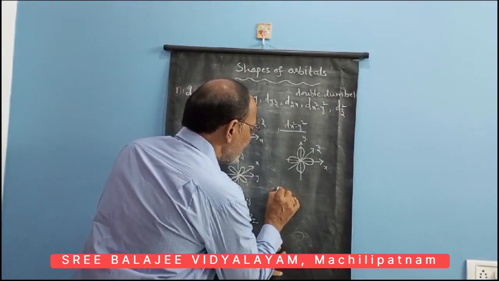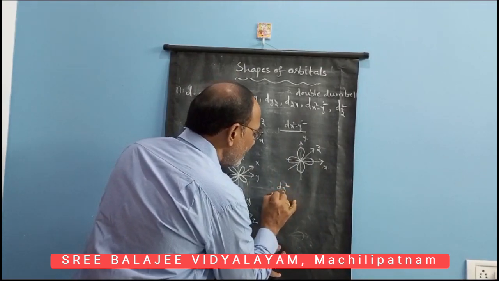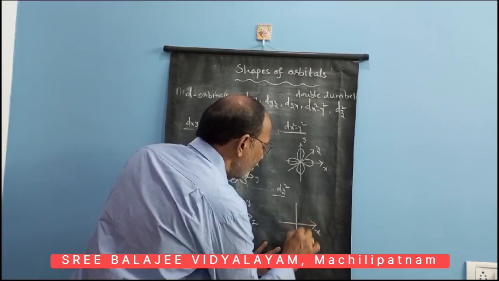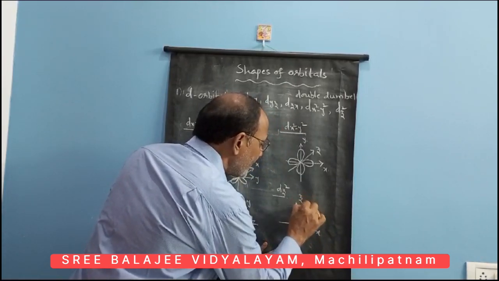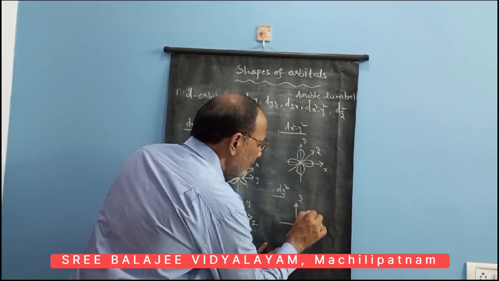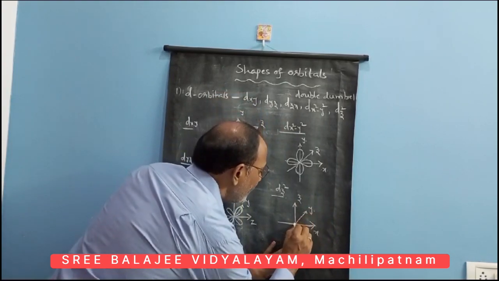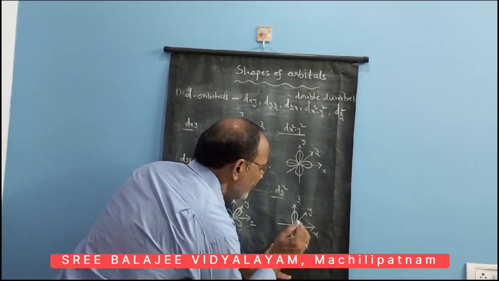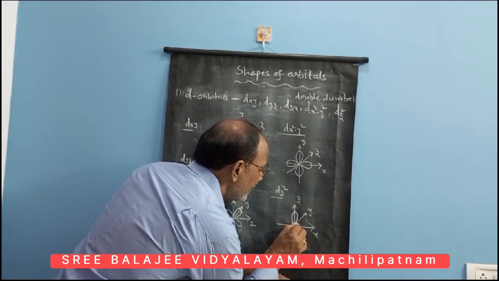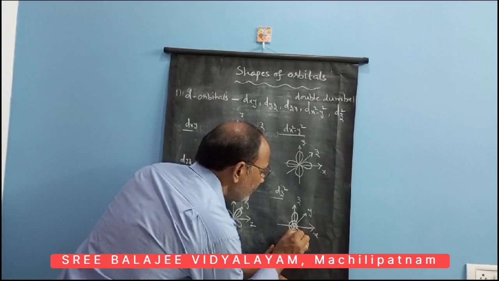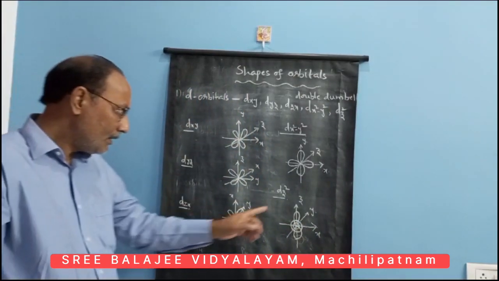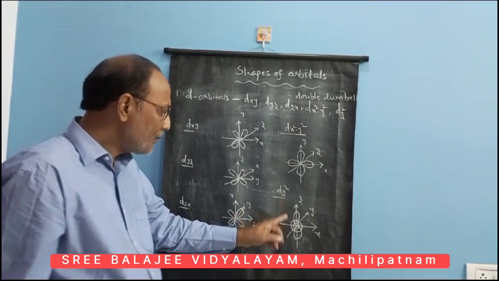The last one is dz square. Here is x, this is the z axis, this is y. Now the dumbbells are on the z axis. One is the dumbbell, and this one is the second one. So we have the dz square d orbital like this.